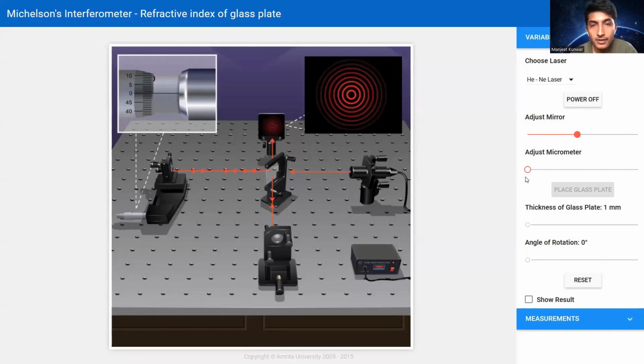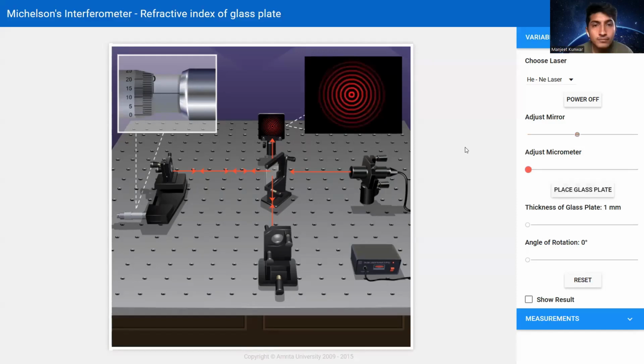So to observe dark and bright fringes of our interferometer, I'm going to observe the knob, which is used to take readings for our measurement. I'm very precisely going to demonstrate the experiment.